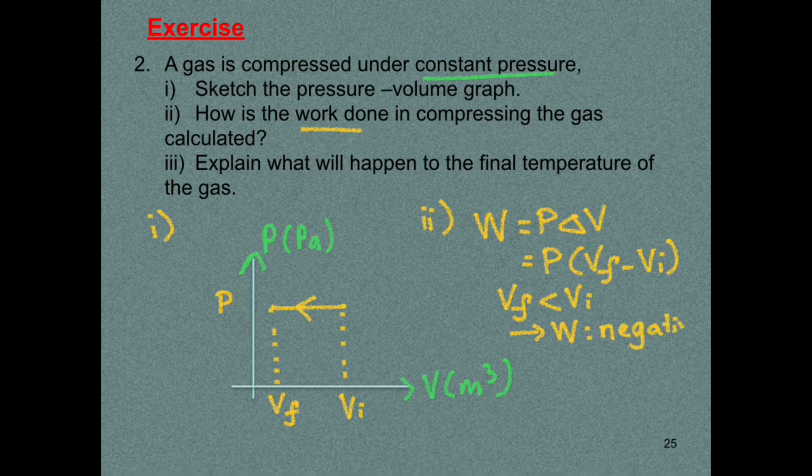Since VF is less than VI, then we will get our W as a negative value for compressed isobaric, or isobaric compression.